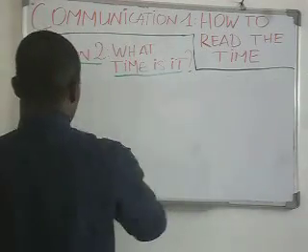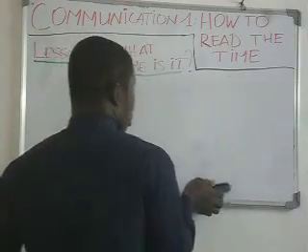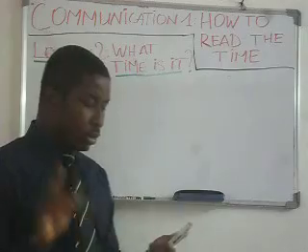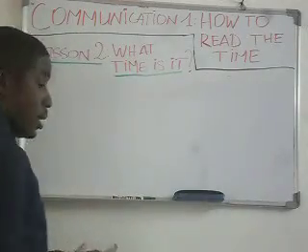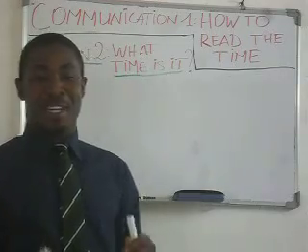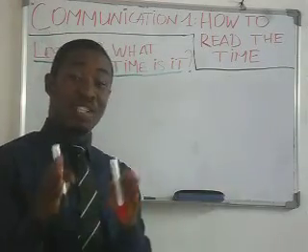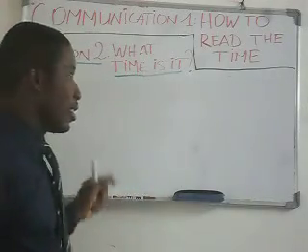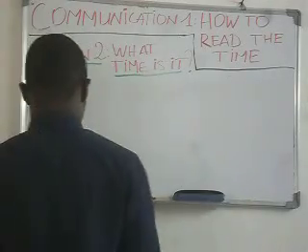What I am going to do now is draw some clocks on the board. So follow carefully. Sorry, because I am not a good drawer, but I try to represent the clock on the whiteboard as much as possible.